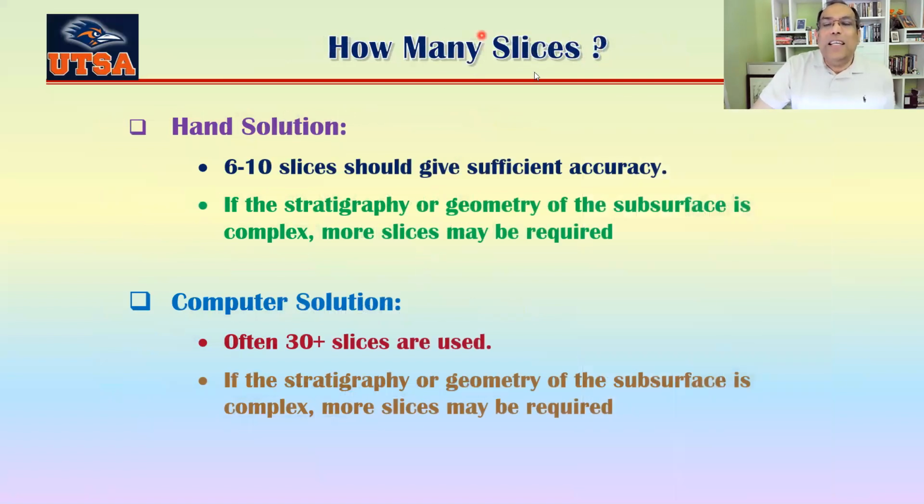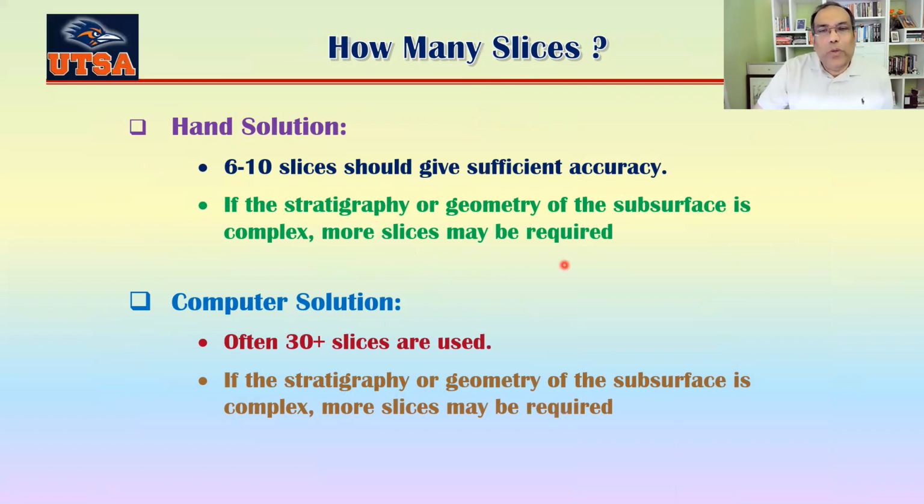Now, how many slices do you need? That's a good question, right? For hand calculation, usually 6 to 10 slices should give sufficient accuracy, okay? If the stratigraphy or the geometry of the subsurface is complex, more slices may be required, okay?